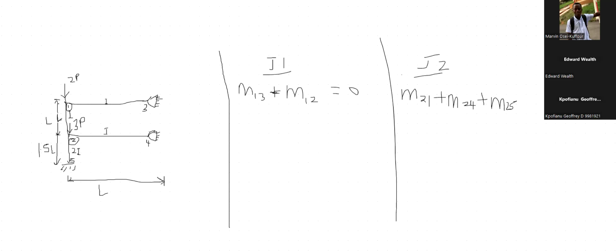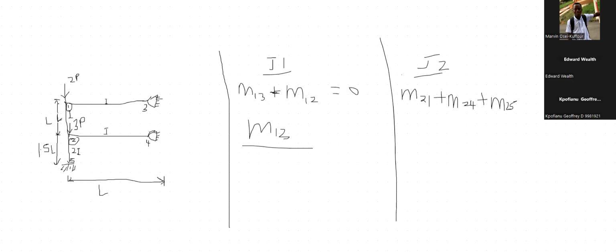So we jump on to junction 1, M13. What do we have? This end is a pin support. This is a fixed support.